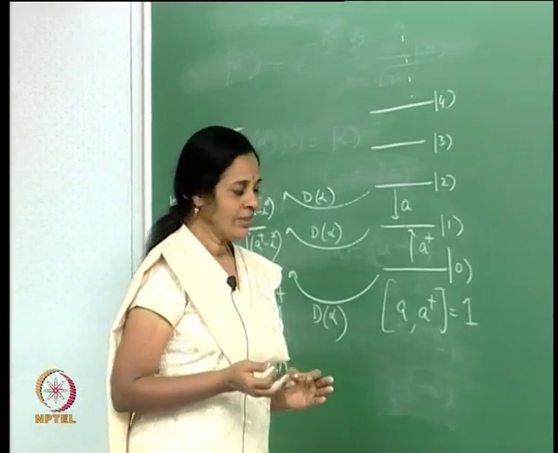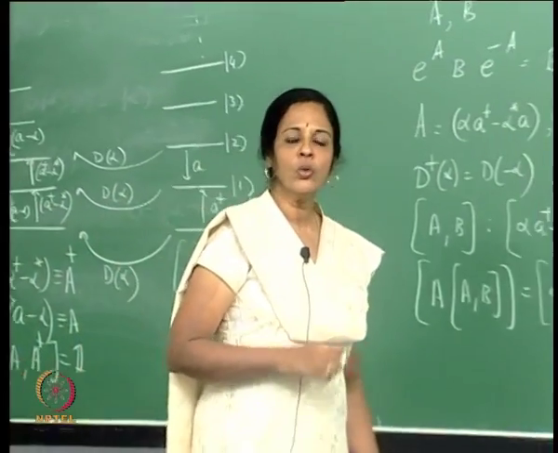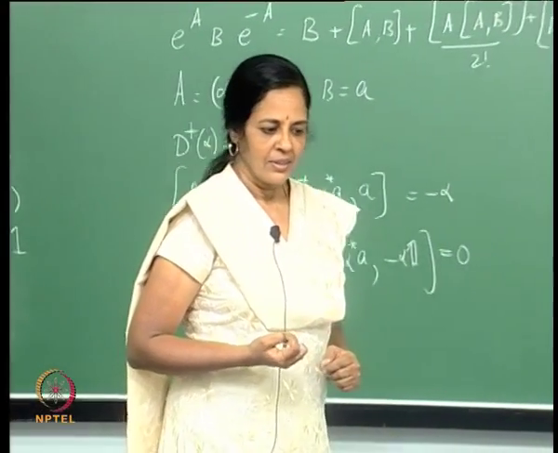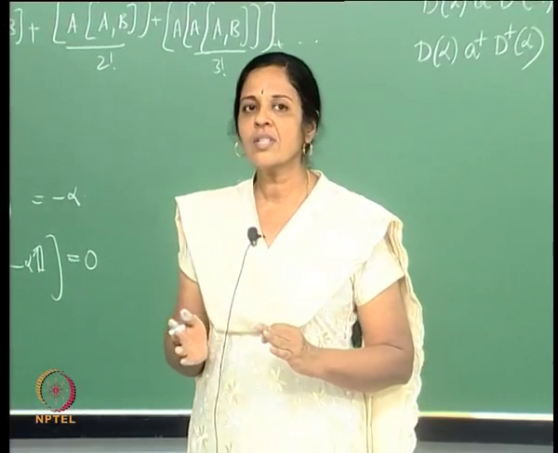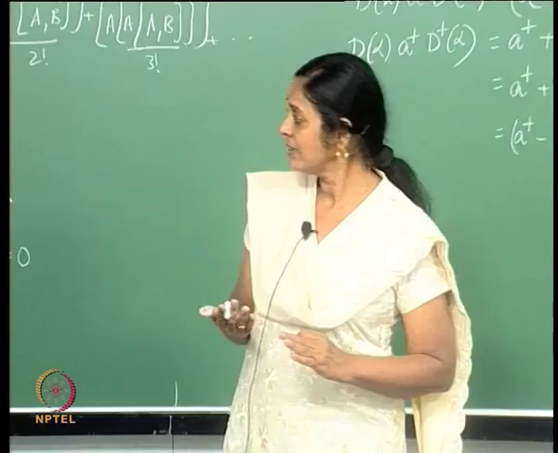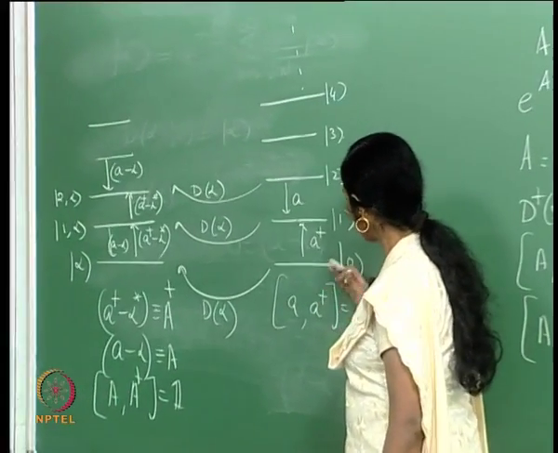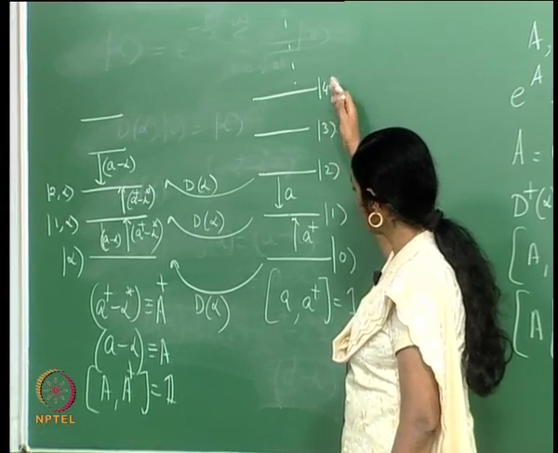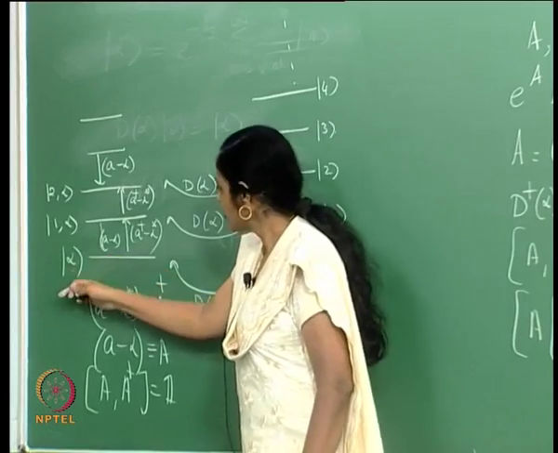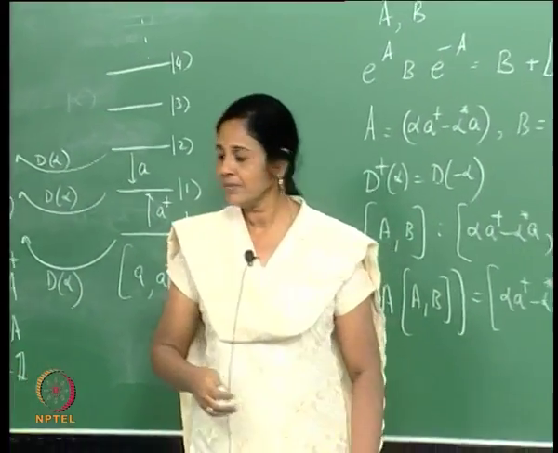What is it that we have done? We have done a change of basis through a unitary transformation. The unitary operator that was used was the displacement operator D of alpha, and this displacement operator took the basis set, the natural basis, ket 0, ket 1, ket 2, ket 3 and so on, to ket alpha, 1 comma alpha, 2 comma alpha and so on.